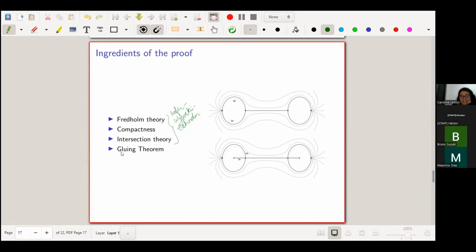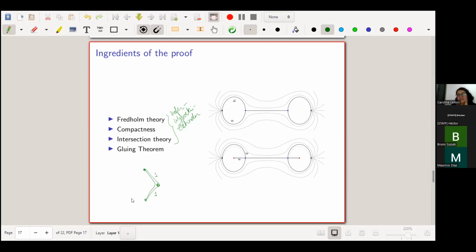Basically, the idea of this is the same as in Morse theory. When you have a broken trajectory of index difference 1, we always have an actual trajectory very close to this broken trajectory.